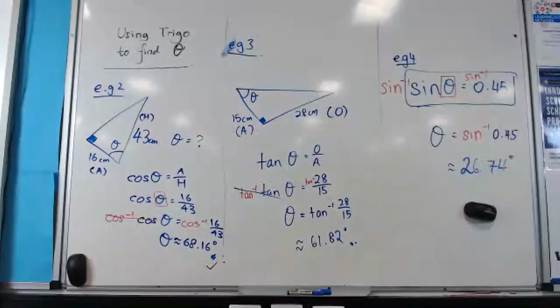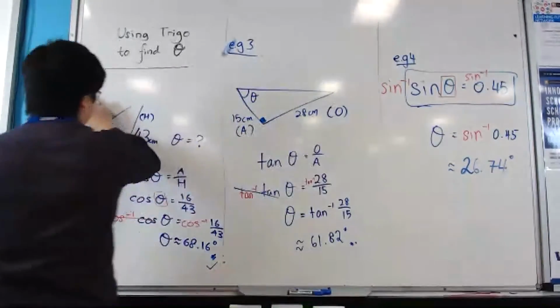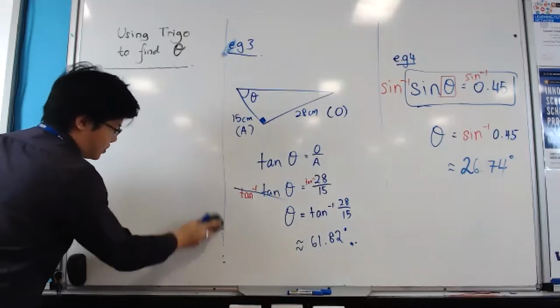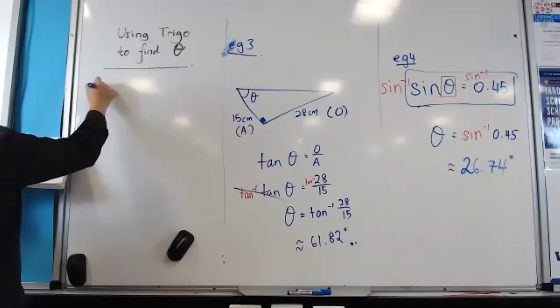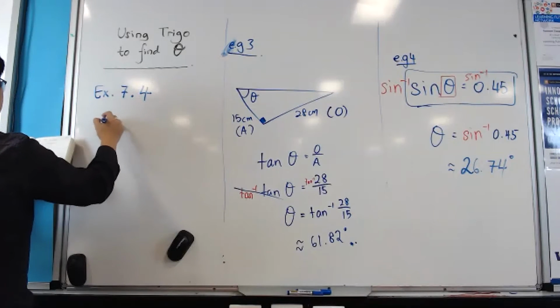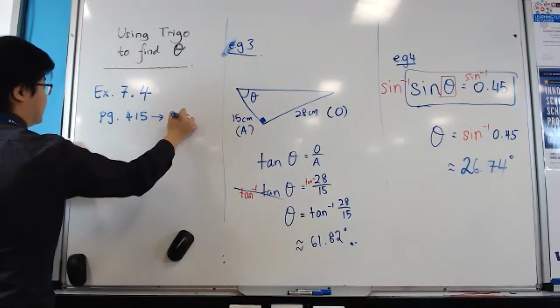Now, your favorite homework. So what I would like you to do, I'm going to pop it right here. Please make sure you jot it down and do every single question. So we've got exercise 7.4. I'd like you to do that, page 415 to 417.